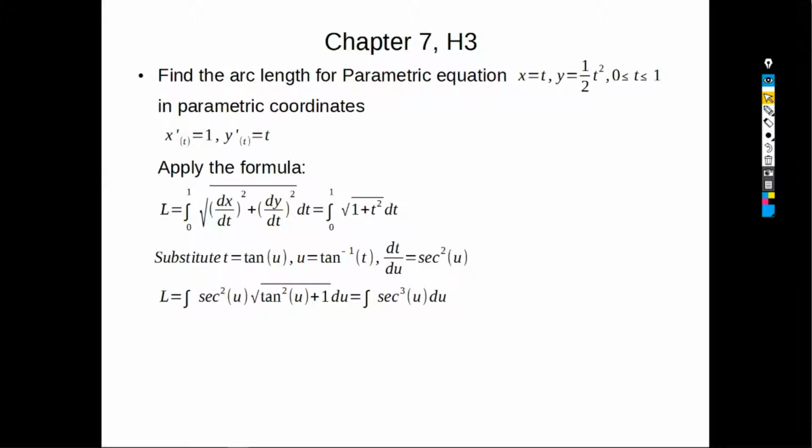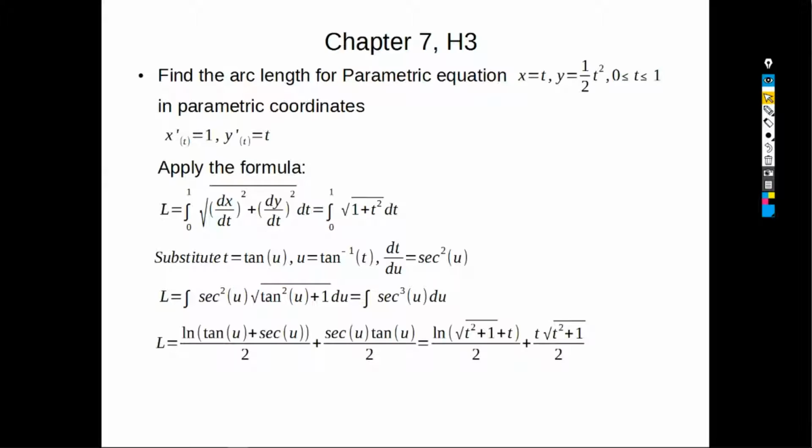Now we solve for the integral of secant cubed u, and then plug back in u equals arctan t to get ln of the square root of t squared plus 1 plus t, over 2, plus t square root of t squared plus 1 over 2. Now that we have the answer, we plug in the numbers, and we get the answer of approximately 1.15.